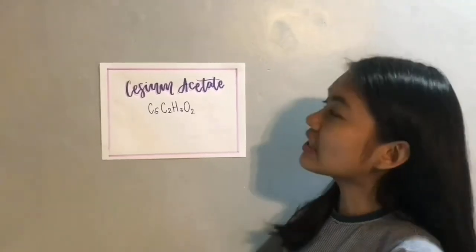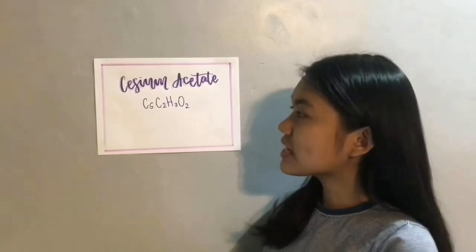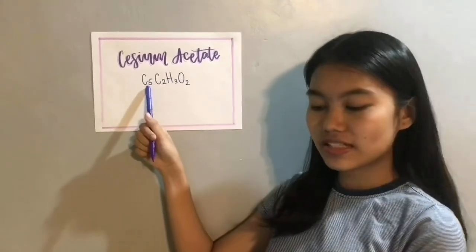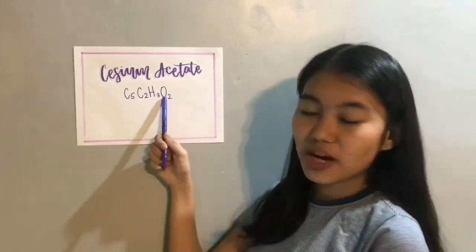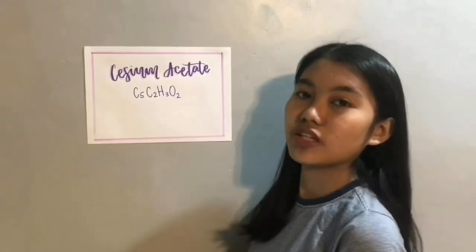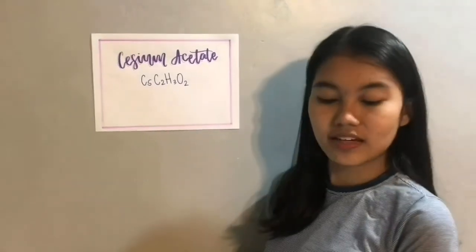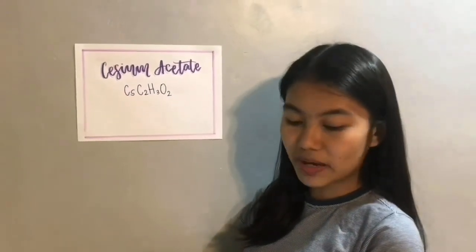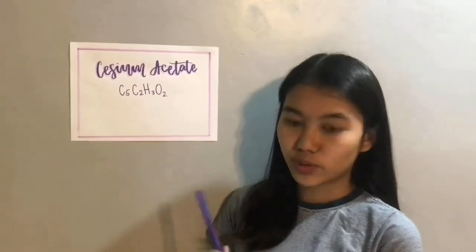Proceeding to the polyatomic ions, as we look at the periodic table, cesium has the element symbol Cs, and the polyatomic ion acetate is represented by C2H3O2. Cesium is a metal, and acetate is made up of non-metals, so it is ionic, and we need to get the ionic charges of the two.